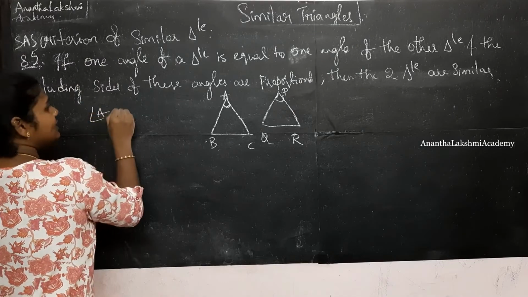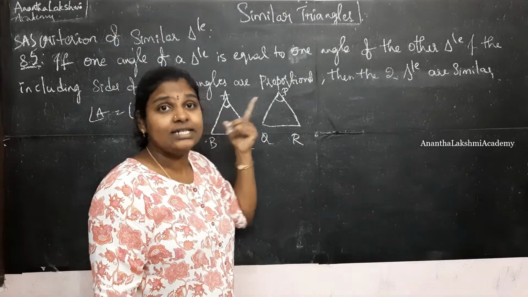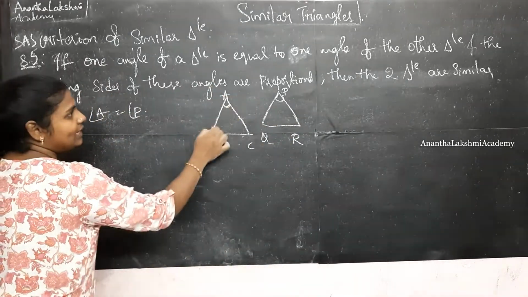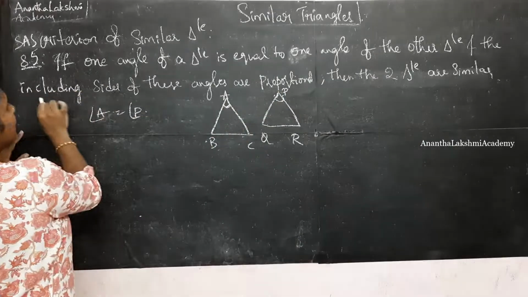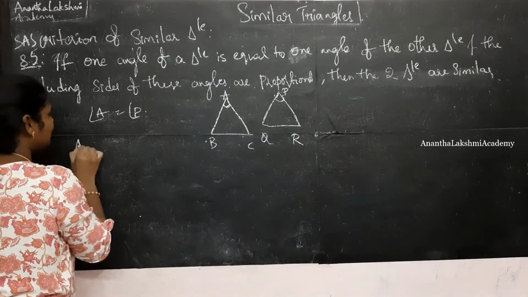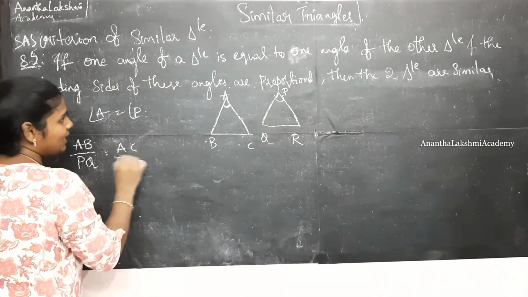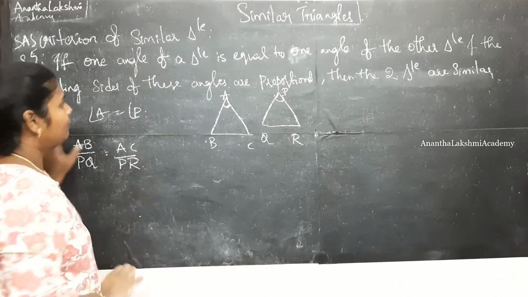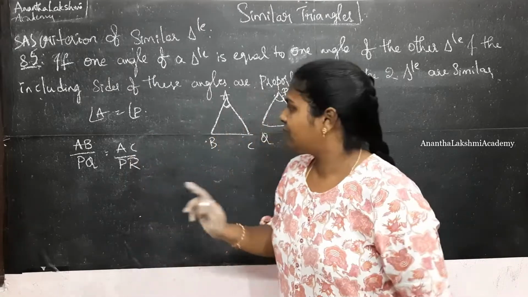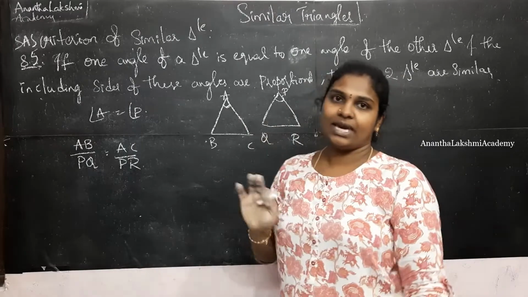When angle A is equal to angle P, when one angle of one triangle is equal to one angle of the other triangle, then the ratio of the including sides of these angles are proportional, which is nothing but AB by PQ is equal to AC by PR. When they say including sides of the angle are proportional, their ratios are equal, which is nothing but AB by PQ is equal to AC by PR.